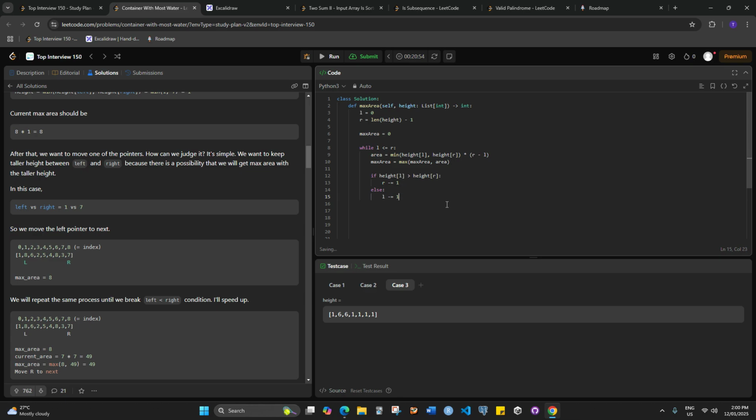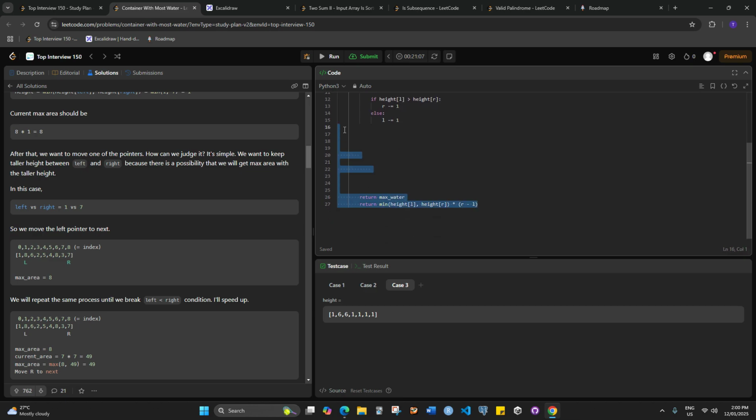Otherwise we do L minus equals 1. When they're on the same index the area is going to be 0, so it doesn't even matter. And then here I can just return max area.